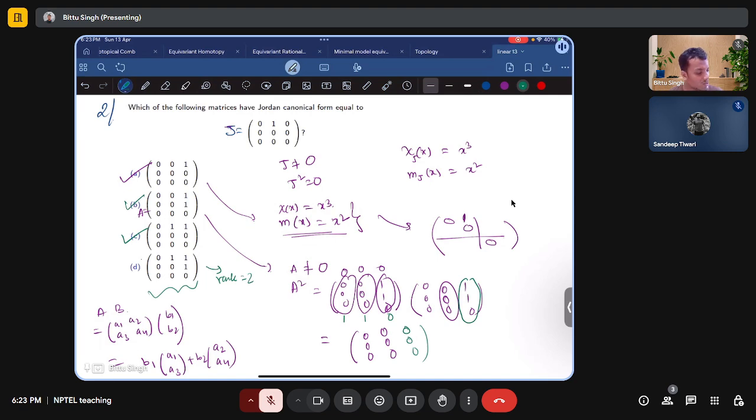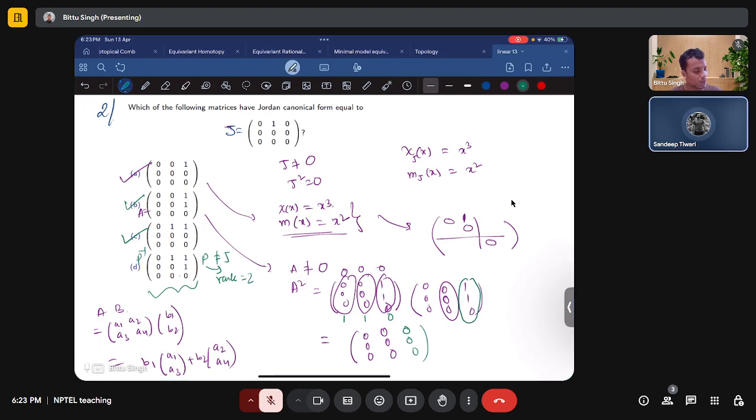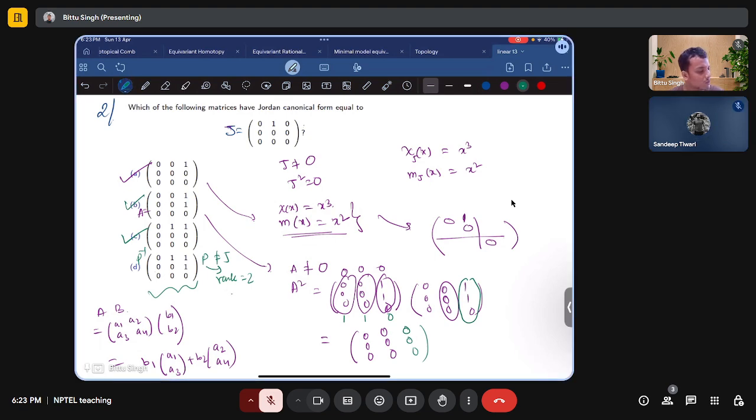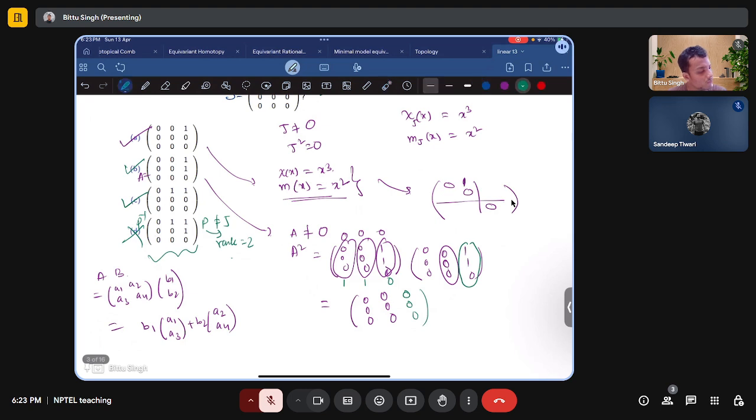So P inverse A P cannot be this, because similarity will preserve rank. The rank of this matrix is 2, but the rank of this matrix is 1. So this is definitely false. And you can see that the rank of the earlier matrices is 1. Okay. So D is false, since similarity preserves rank.